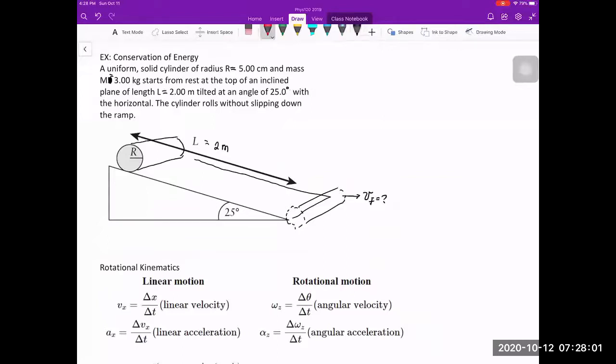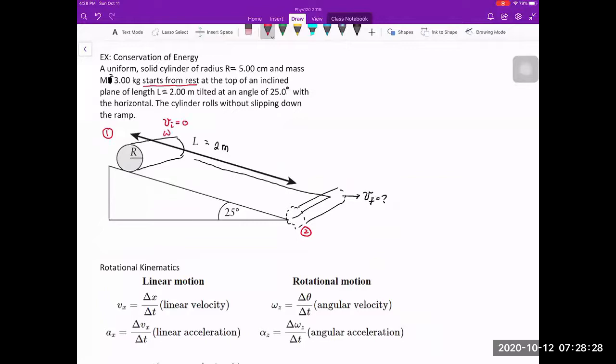Whenever you use the work-energy method, you always want to point out two different states. This is state 1, this is going to be state 2. Then you collect the information to describe the different states. At the first state, we know the initial velocity is equal to what? Well, it starts from rest, so that would be 0.